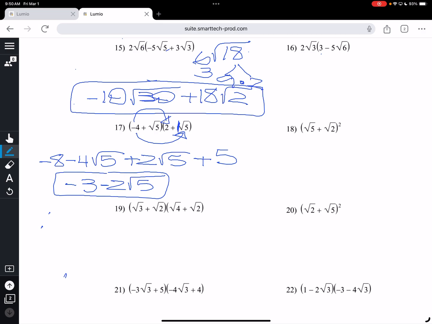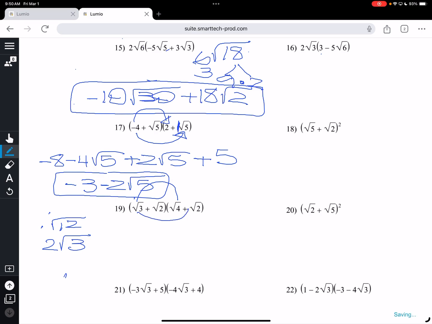All right, what'd you get for 19? 2 radical 3 plus 1 radical 6 plus 2 radical 2 plus 2. Perfect. Radical 3 times radical 4 gives us radical 12. That's 4 times 3, so the 4 comes out as a 2. So 2 radical 3.